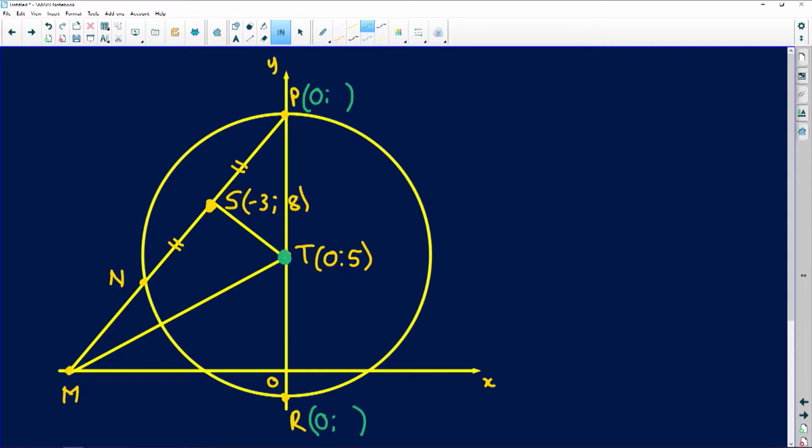The line through P, there's a line going through P, lovely, and S, which is the coordinate pair -3 and 8, they say, intersects the circle over here at N and the x-axis down here at M. So we have the x-axis, so we know that this is 0 and something.